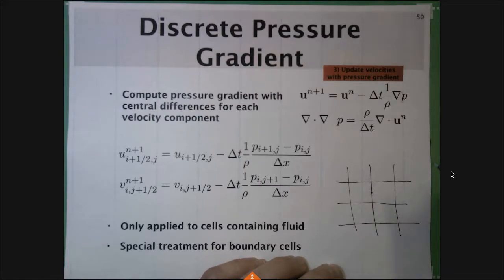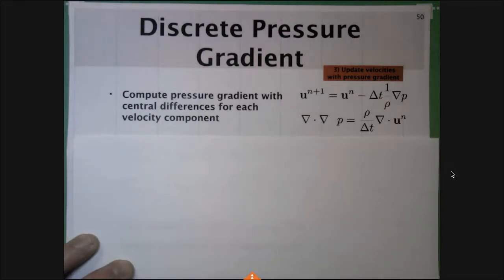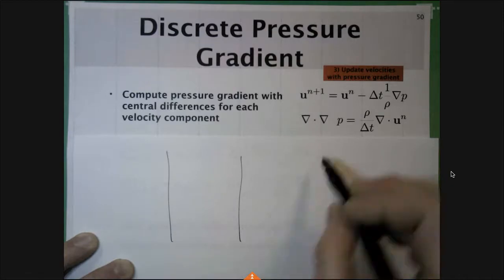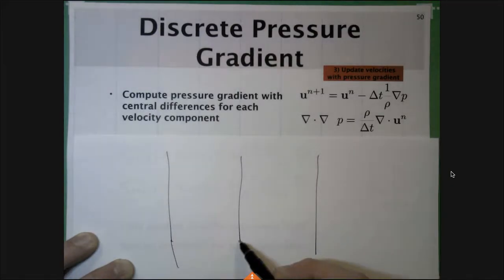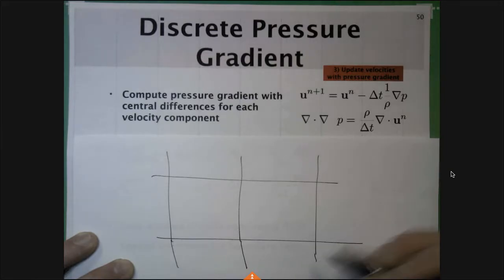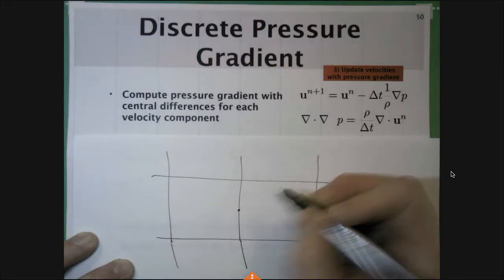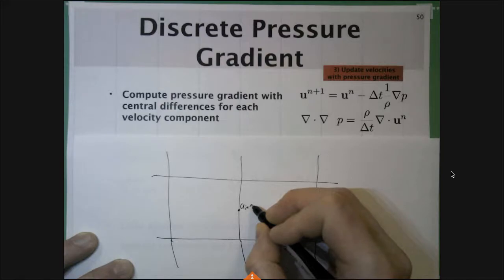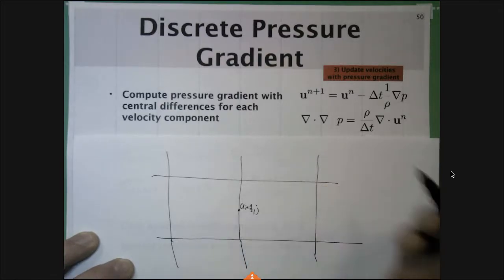There will be some u at i plus 1/2, j. I'll do a better drawing here, bigger. So here is my u i plus 1/2, j, that's my velocity.